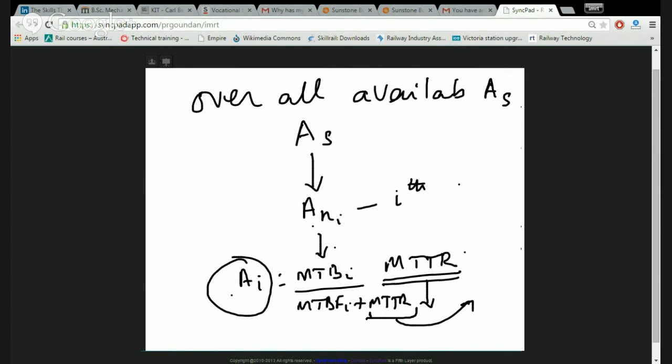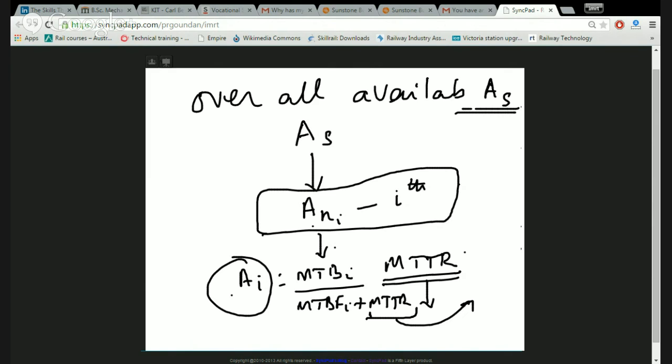So the overall may be given as RS, or the overall may be given as AS. The main crux is to get to the subsystem availability or reliability. Once you get to the subsystem, that is the target, and then they will do the problem. Here the methods are very similar to the previous one.